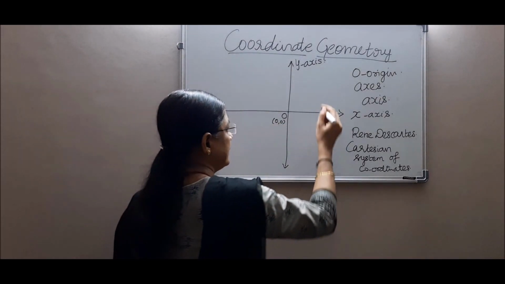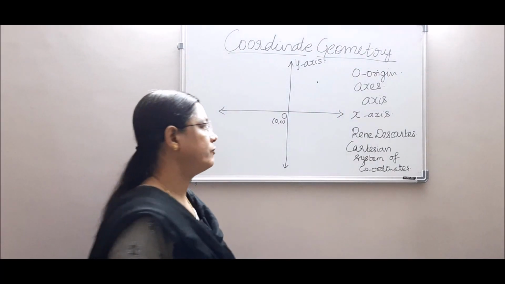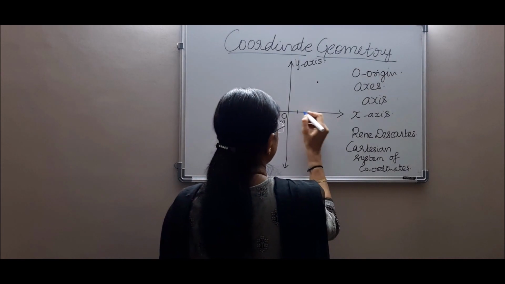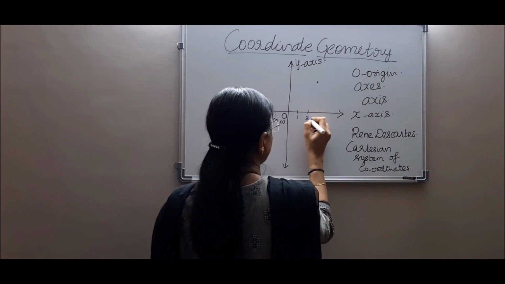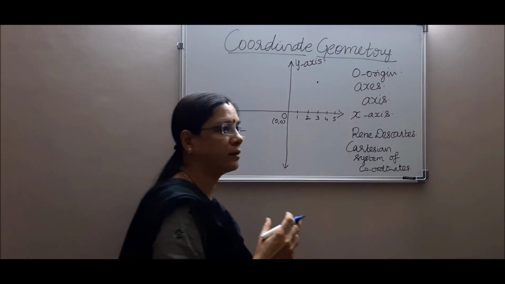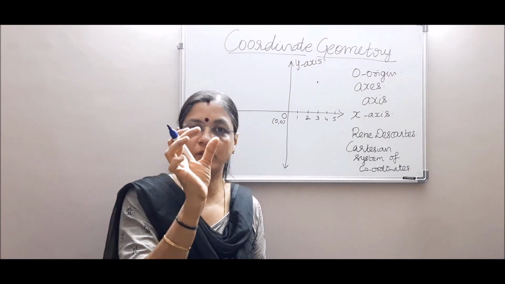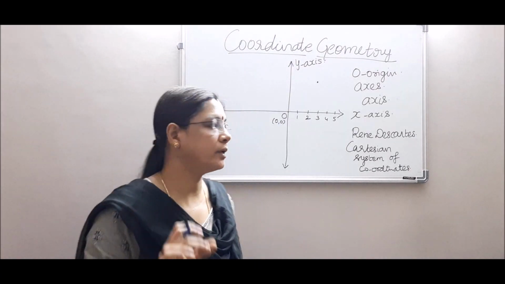For this, let us take a point somewhere here. For our reference, we divide the x-axis into 1, 2, 3, 4, 5. Just imagine a graph paper, and in the graph paper we'll mark each 1 centimeter as 1 unit.